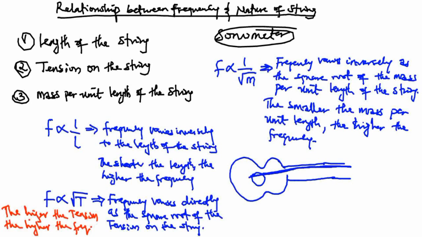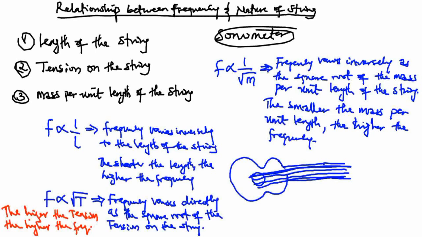It is thick, the frequency is low. That is the base of the base. Following that is usually the A string, which is thick, but not as thick as the E string. Then you have the D string, somewhat thick too, and then you have the G string. The G string is usually very tiny.